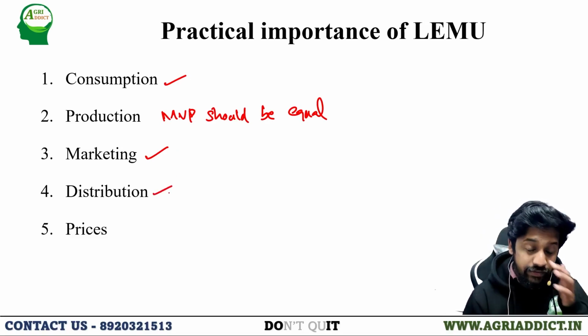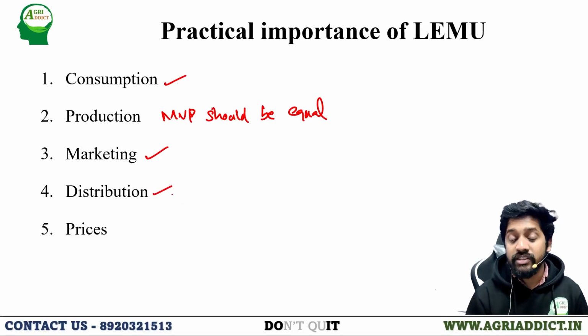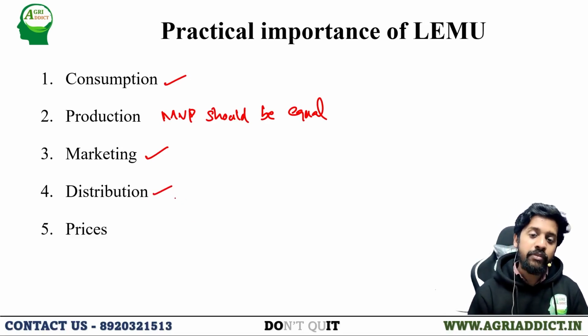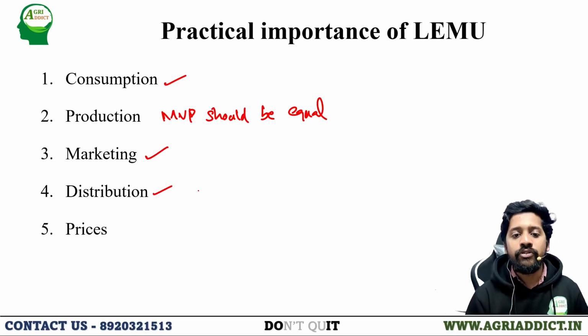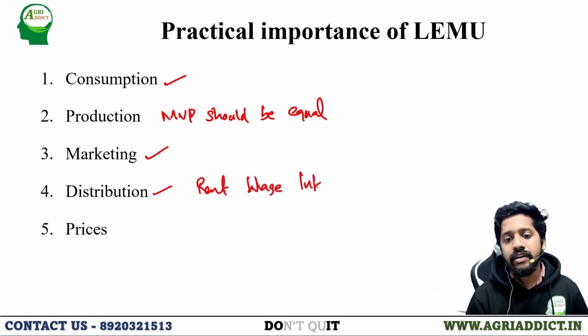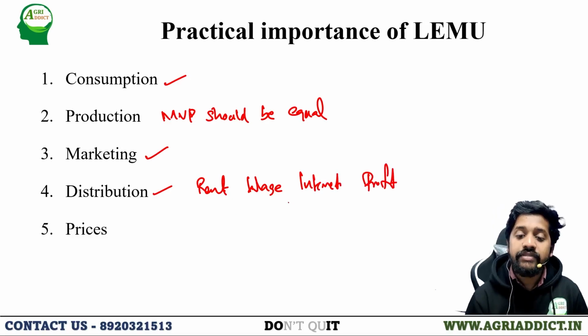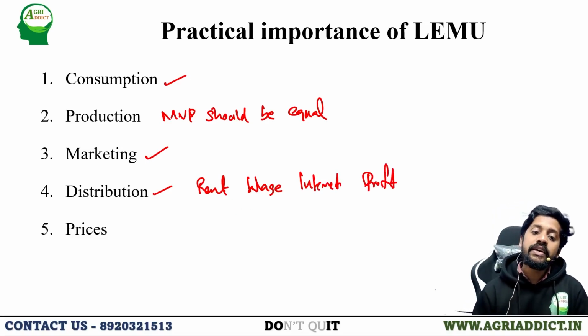And in the case of distribution, we have already seen the distribution of the remuneration that the farmer or the producer is getting. A part will go to land, labor, capital and organization in the form of rent, wage, interest and profit. How are this rent, wage, interest and profit allocated?